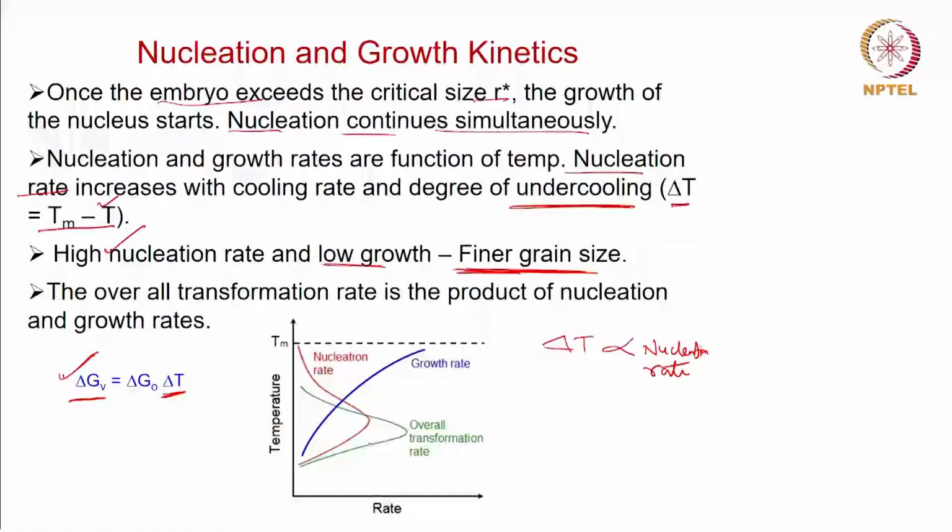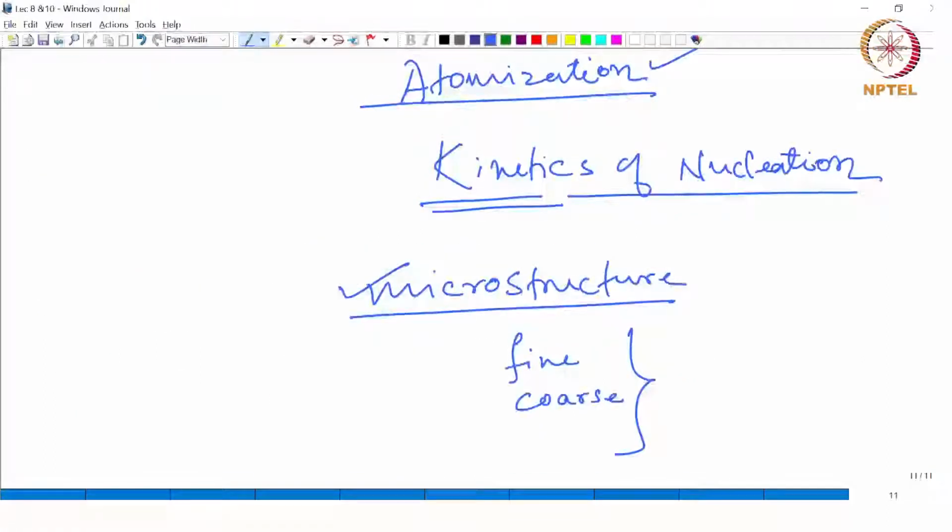And that in turn, as I said before, is going to depend on this undercooling. So, this is how the kinetics of the nucleation process, which relates to nucleation rate, would decide the microstructure, whether it is going to be a fine or a coarse kind of microstructure.